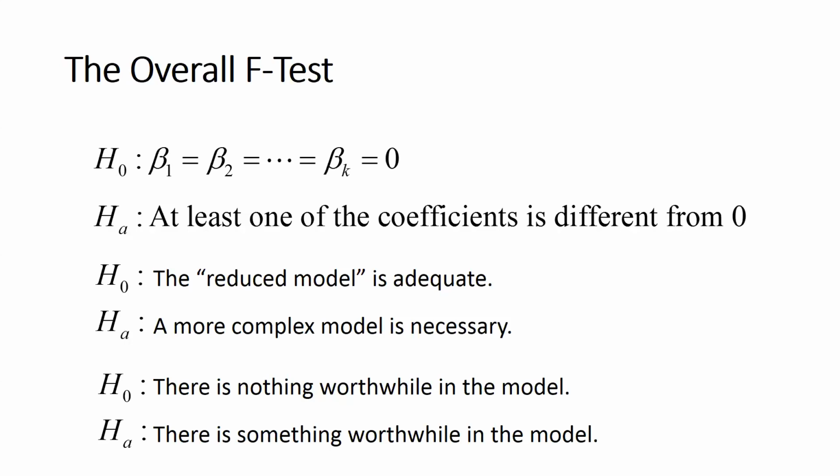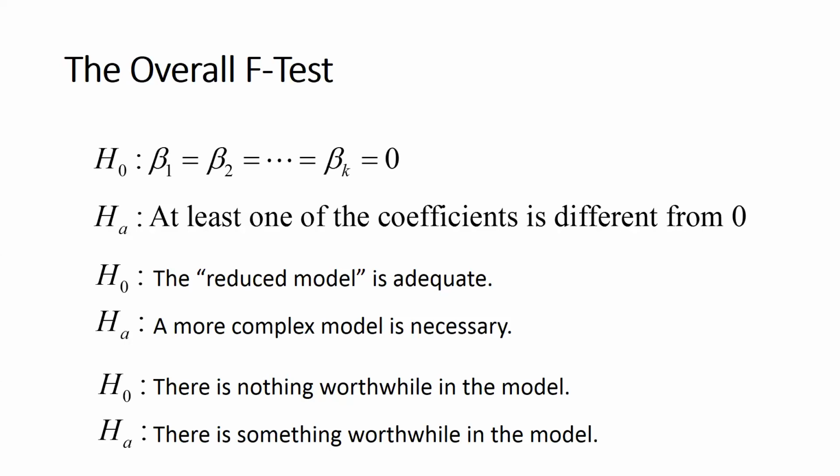Another way to understand those hypotheses is to realize that there's a reduced model. In this case, the reduced model would have all of the x variables knocked out of it, and the only thing left would be the intercept. And so you would estimate that intercept with the average of the body fat percentages, because there would be no other x variables with which to represent any association.